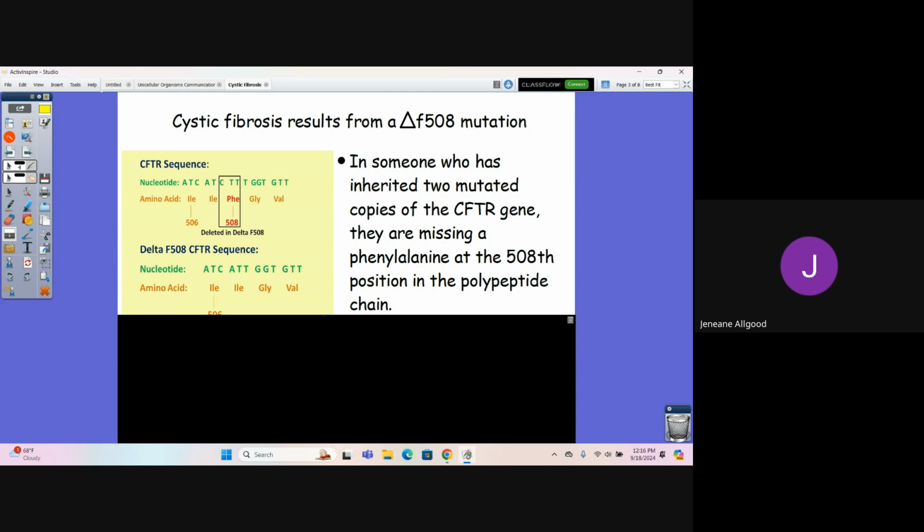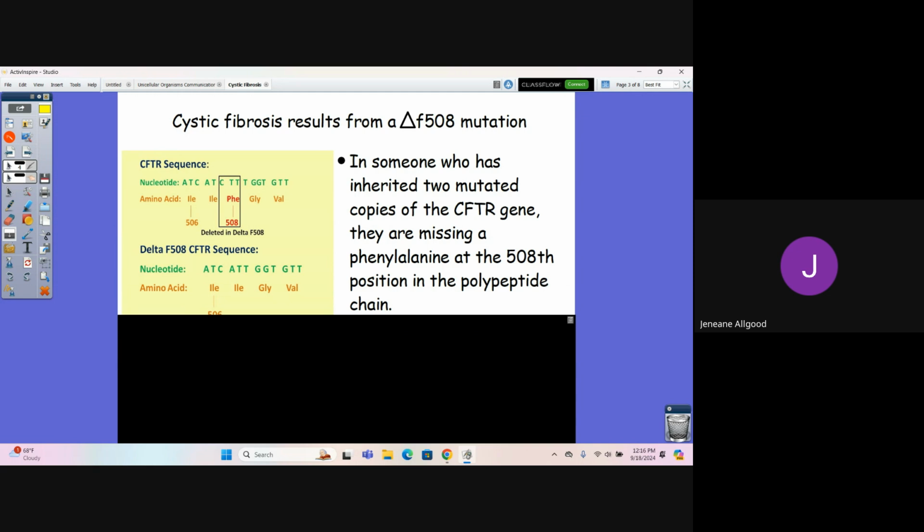What ends up happening, it's called a delta F508 mutation. Delta, remember, is like change in. F, as weird as it sounds, is the 1-letter abbreviation for the amino acid phenylalanine. Even though I know it doesn't have an F in the word, they sometimes use 1-letter abbreviations for these amino acids, and F is the 1-letter abbreviation for phenylalanine, which is shown here.